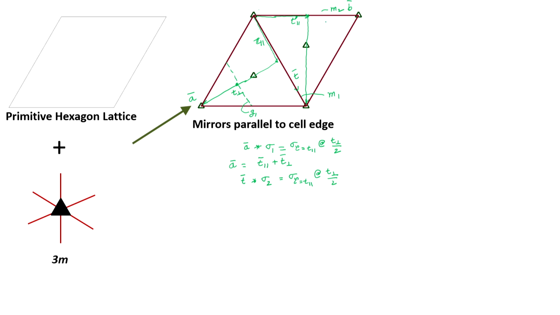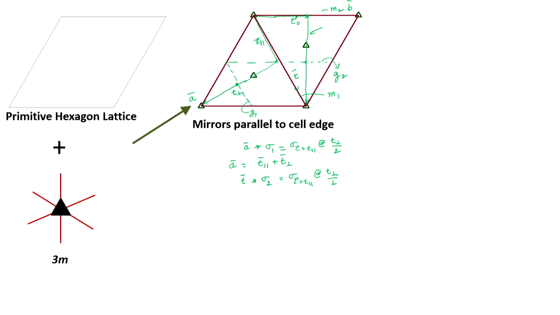My perpendicular component is this one, hence I will get a glide cutting through the midpoint of the perpendicular component, and I get this glide G2. And in fact, that is all I need to do in this particular problem. All other glides will appear as a result of the other symmetry operations.